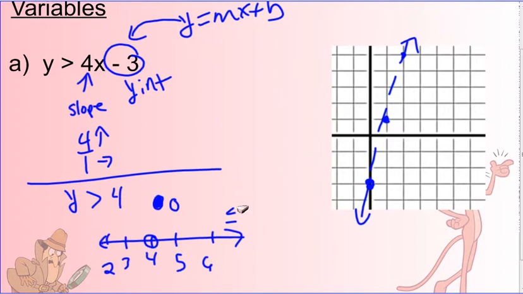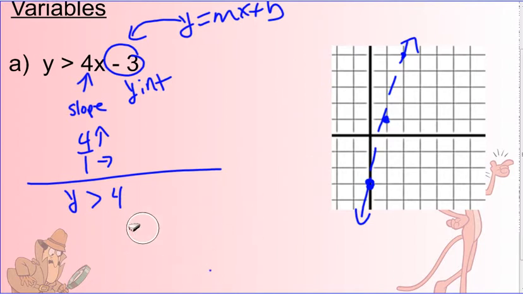The dotted line came because we had a greater than symbol. If it was greater than or equal to, we would use a solid line. So think of the lines kind of like the dots. You've got a solid dot, hollow dot. Solid line, hollow line. This problem, we had the hollow line.